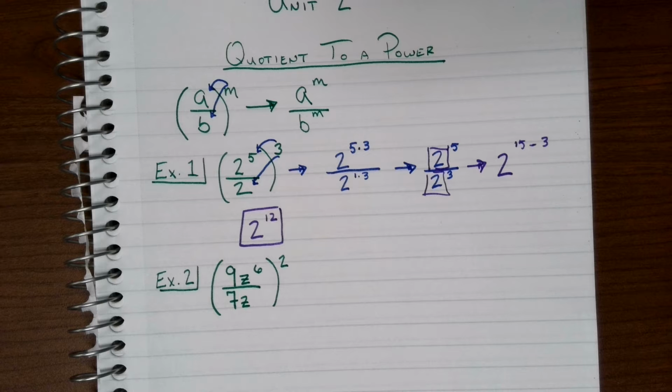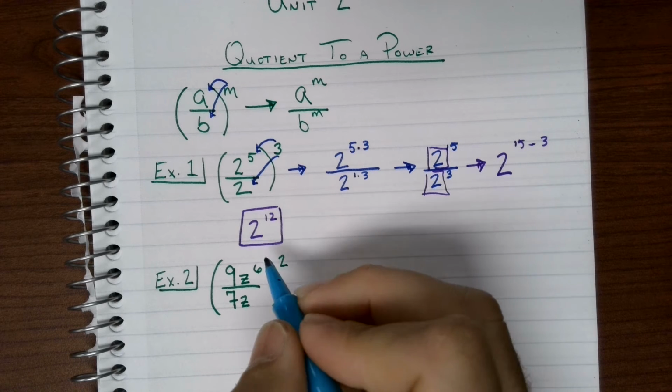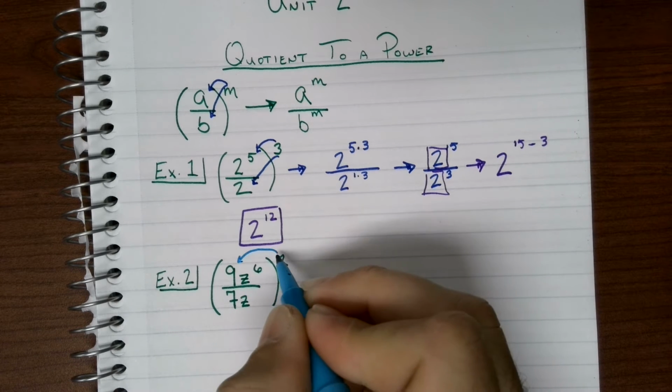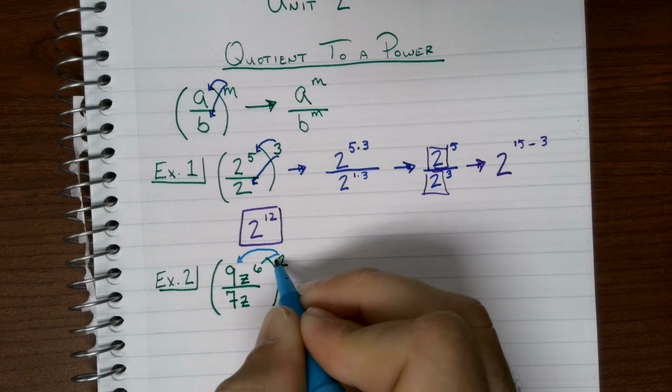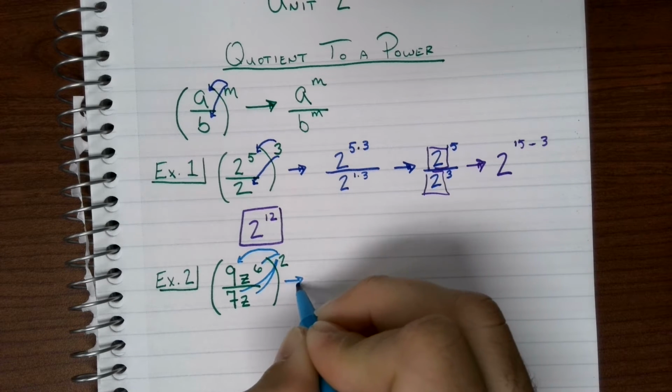So just like our power to a power rule, this 2 is being distributed to everything inside of here. Okay, so it goes to my 9, it's going to go to my z to the 6th, it's going to go to my 7, and my z to the 1st.